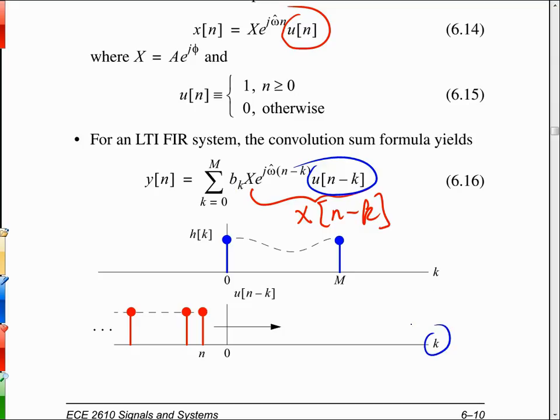It would be the step function that instead of turning on at n equal to 0, it turns off at n equal to 0, because we just spin it around on the axes. And then if we let it be n minus k rather than just minus k, we get a reverse step function that turns off. It comes up from minus infinity and shuts itself off for k greater than or equal to n. And of course, this whole thing slides over depending upon the value of n that we're evaluating our expression at.